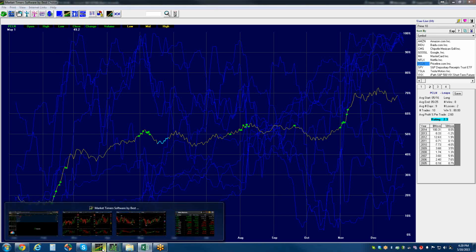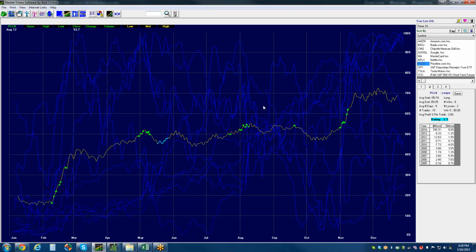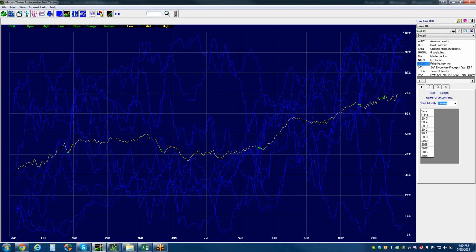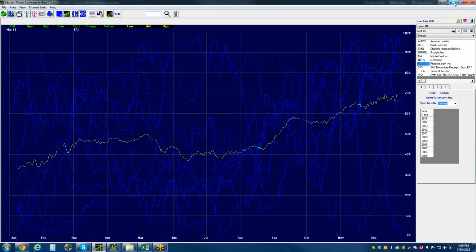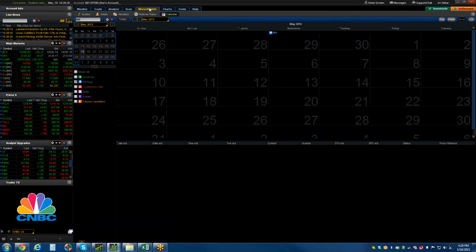They can be good, they can be bad. One of the ones I was looking at is Salesforce.com, CRM. They are coming out with earnings this Wednesday, after market.